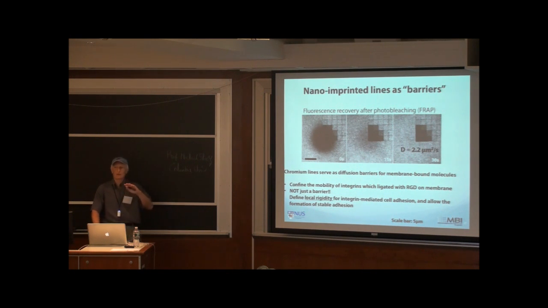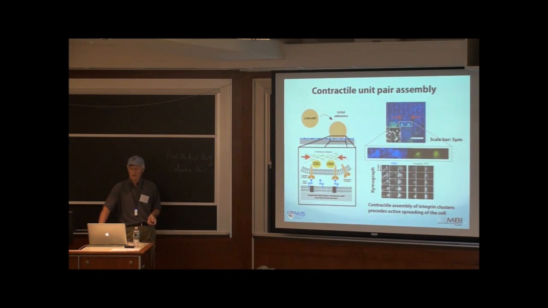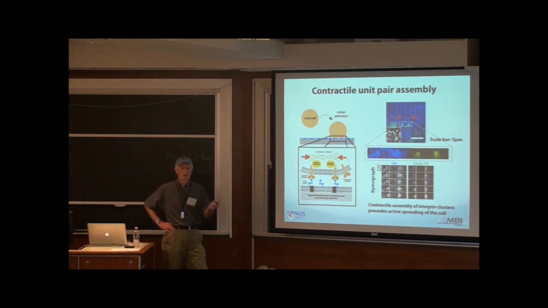So what now happens when cells are placed on this? What we see is that over time here, this is 25 seconds, we find that the RGD is being concentrated at the lines, as is paxillin, which is a cytoplasmic protein associated with adhesions.